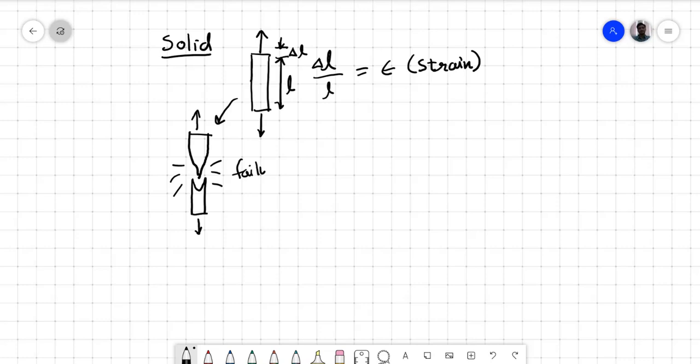If there is a force F acting on this body, acting on this surface, and the cross-sectional area is A, then the stress experienced by this surface is F by A. So stress is always defined for any surface. There has to be a surface area and a force for stress to be defined. So this is a normal stress situation and the fluid doesn't flow.